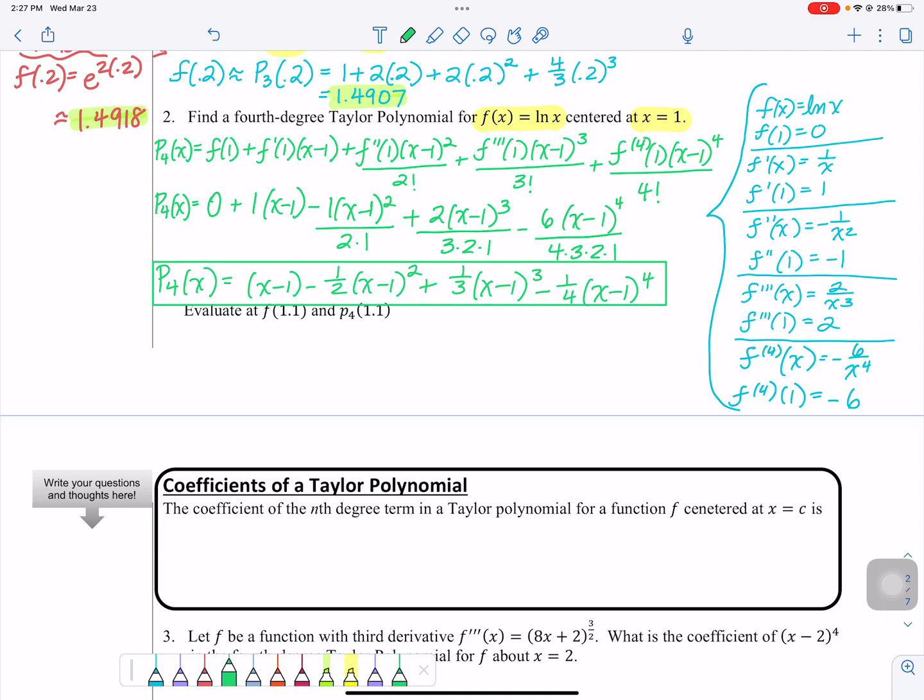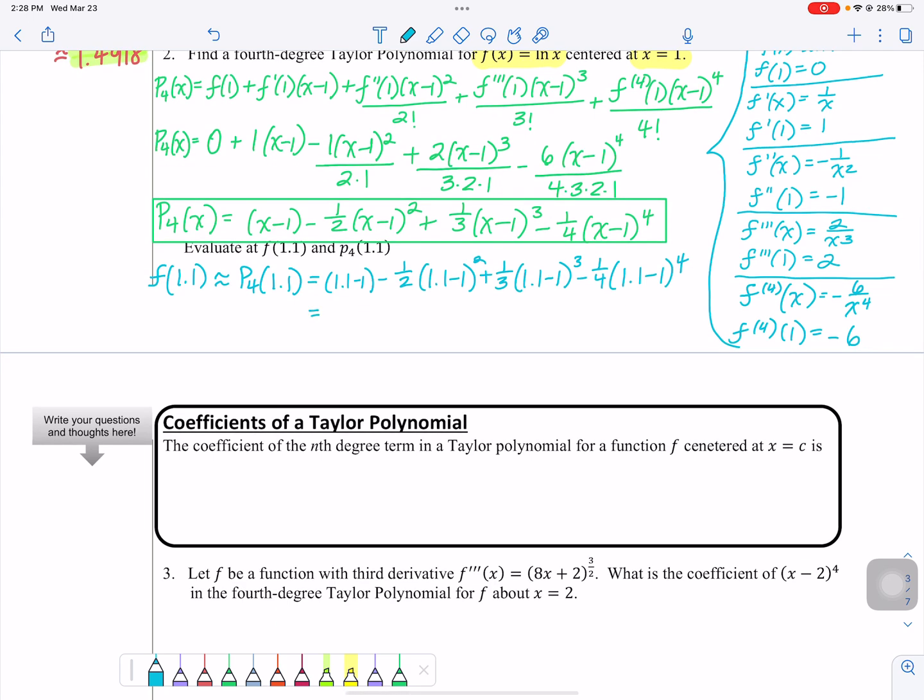We'll write that f of 1.1 is approximately equal to the 4th degree Taylor polynomial evaluated at 1.1, which is equal to, and now we're going to plug 1.1 in here for each x: 1.1 minus 1 minus 1/2 times 1.1 minus 1 squared plus 1/3 times 1.1 minus 1 cubed minus 1/4 times 1.1 minus 1 to the 4th power.